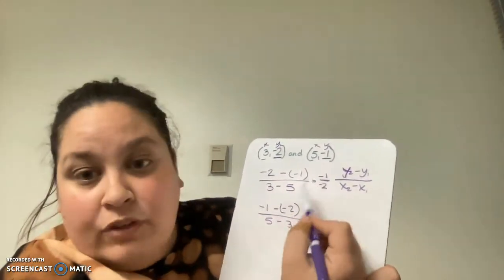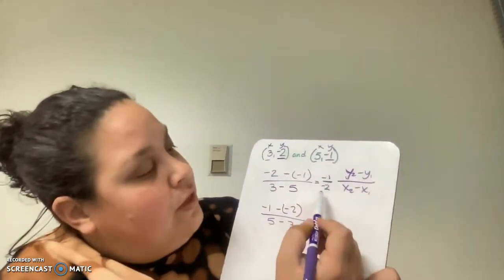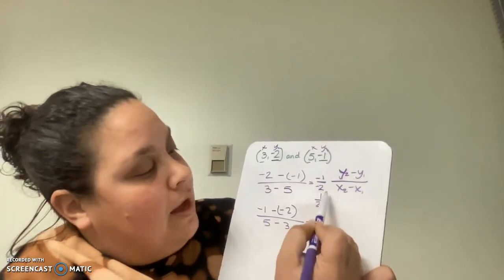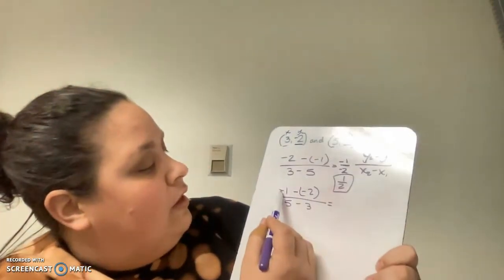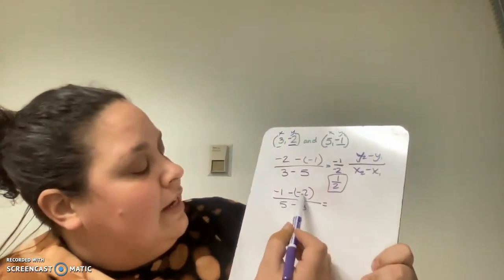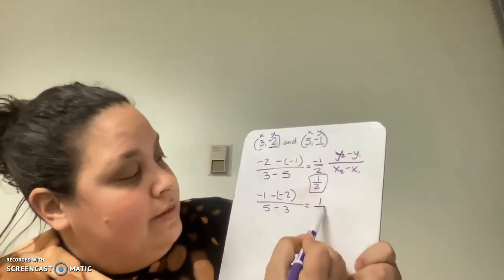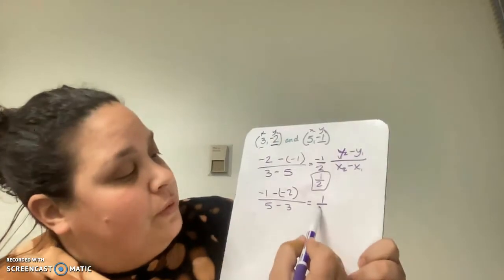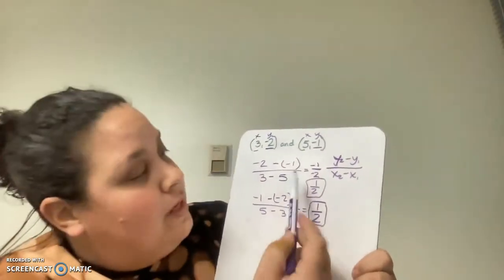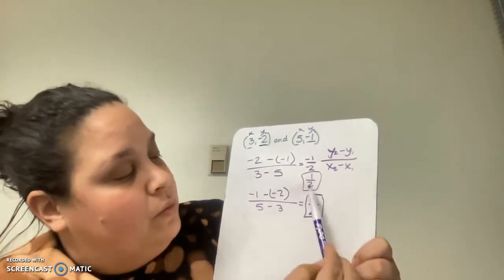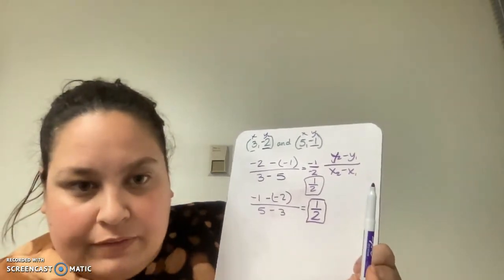Notice right here we have two negatives, so that's going to make it a +1/2. We'll do that same thing down here, -1 minus a -2, which would be a +1. And 5 minus 3, which is a +2, which is where we get our 1/2. So again, it doesn't matter the order, we'll still end up with that 1/2.